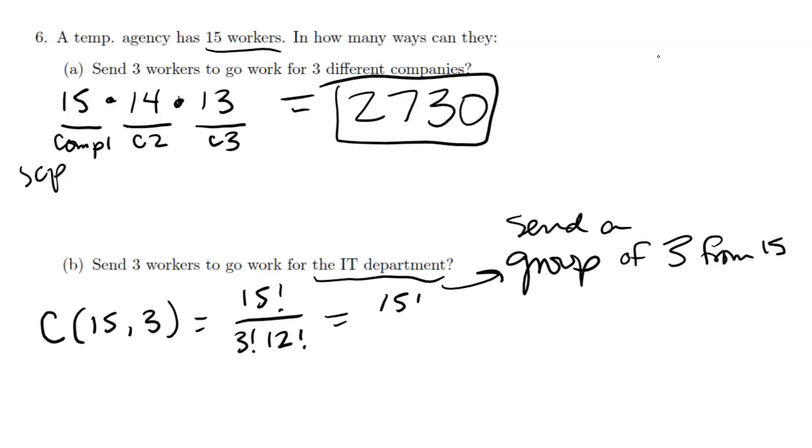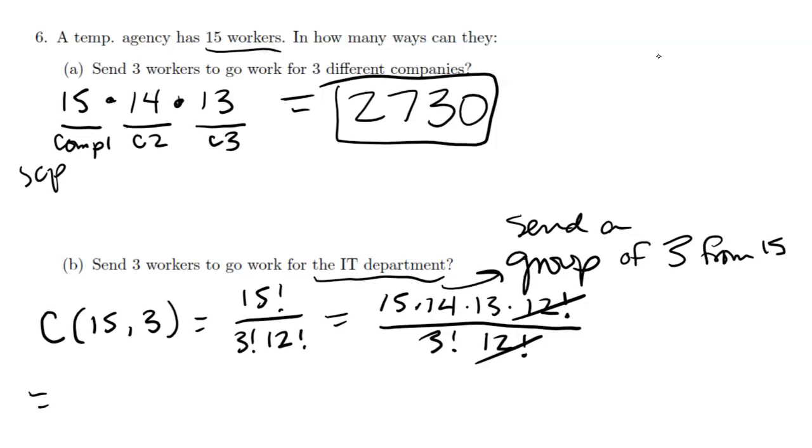So then I've got 15 factorial. Oh, actually, let's just start to write it out. So 15 factorial is 15 times 14 times 13 times 12 factorial, and 12 factorial is on the bottom, so let's put 12 factorial in the top. So then that's over 3 factorial, 12 factorial.